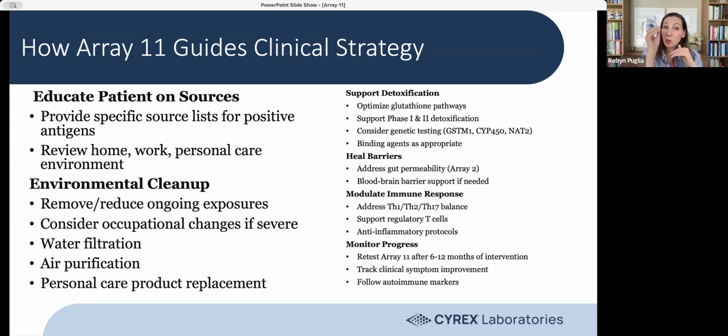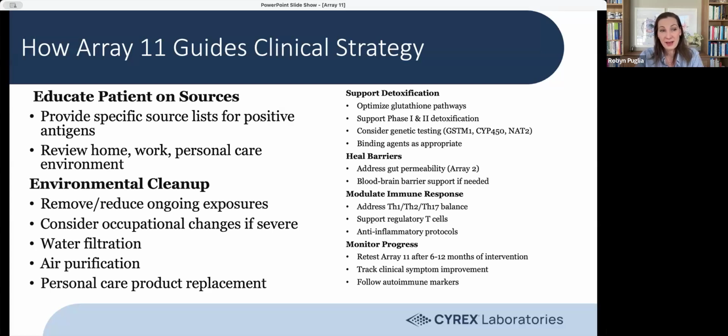So understanding which specific chemicals we need to prioritize helps us to really streamline and focus in on a more specific, manageable intervention strategy that isn't going to be overwhelming for the person that you're working with.